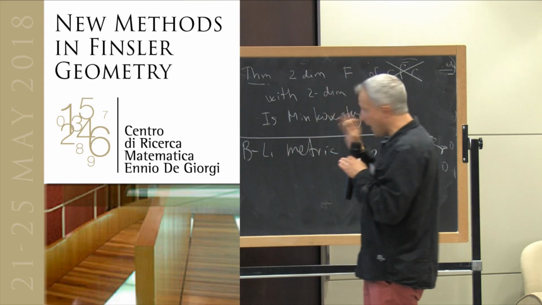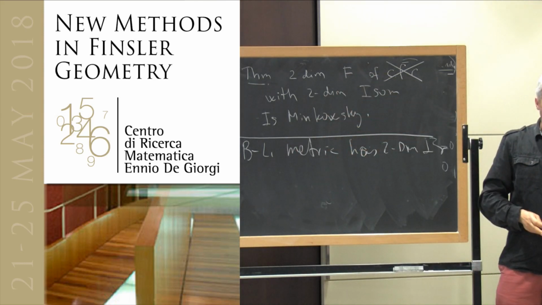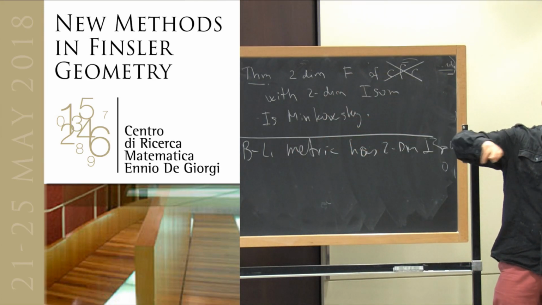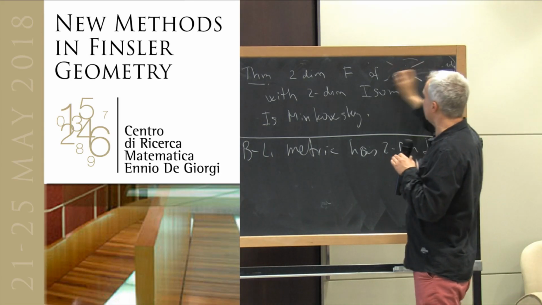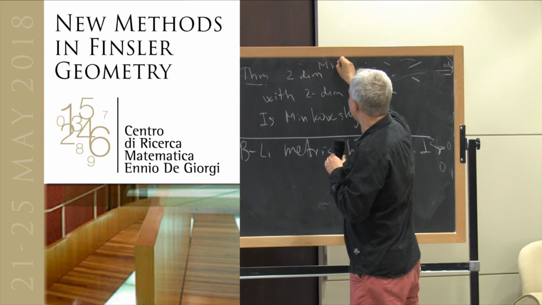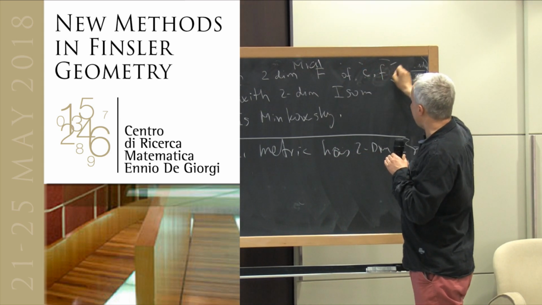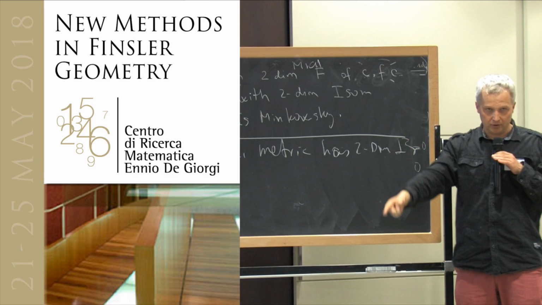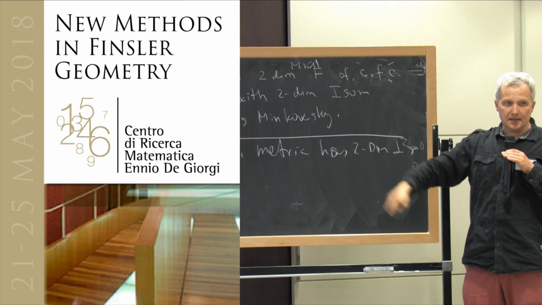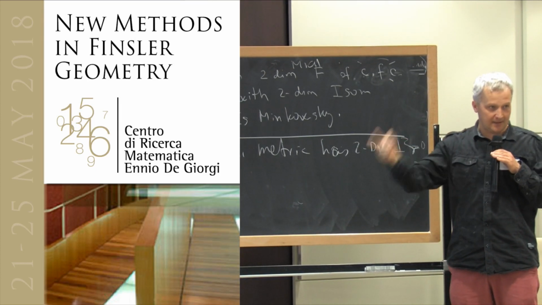It's Minkowski. But the result of Professor Moore is not local, but micro-local. And then the condition of constant flag curvature was essentially used. Indeed, one can produce non-trivial examples.